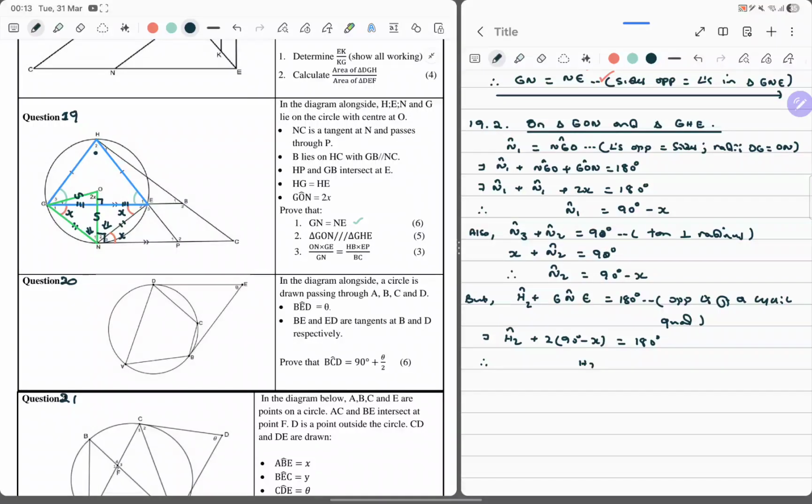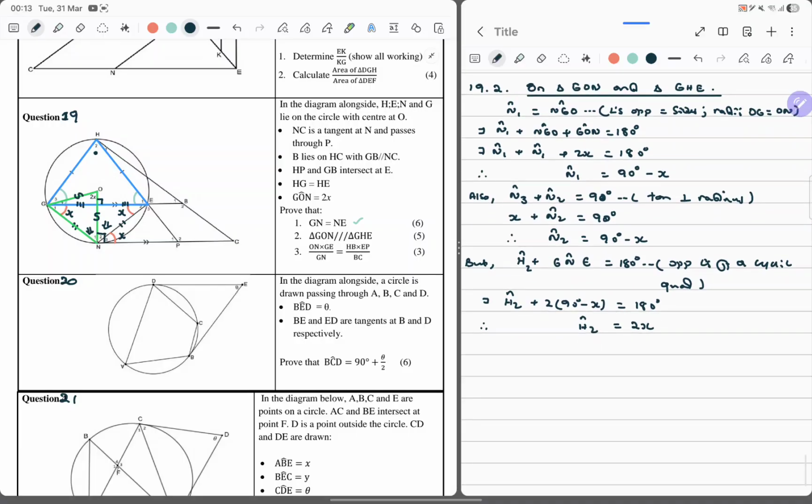So that means H2 is going to be, 180 goes away, 2x transposed is just going to be 2x. So first of all, we now know that the other two angles are equal. And since these are both isosceles triangles, the angles are also going to be equal. We don't need to do that.